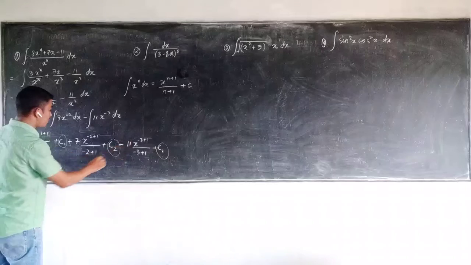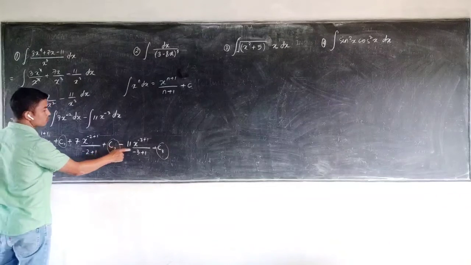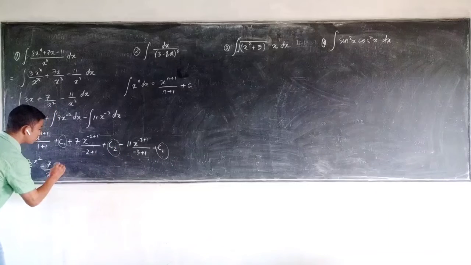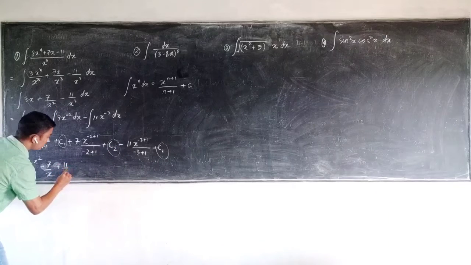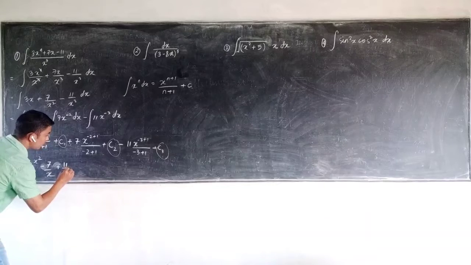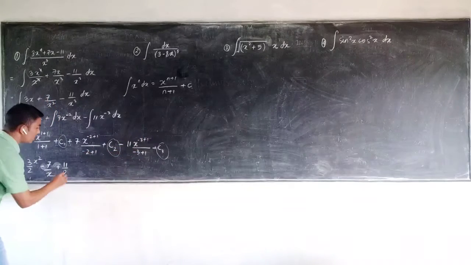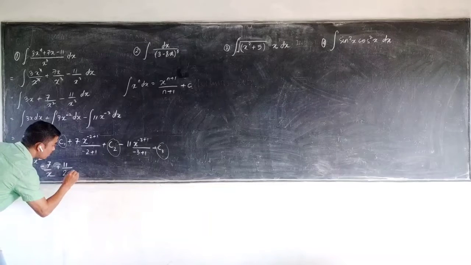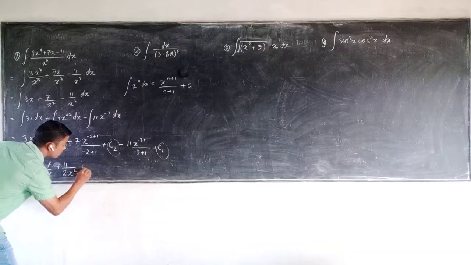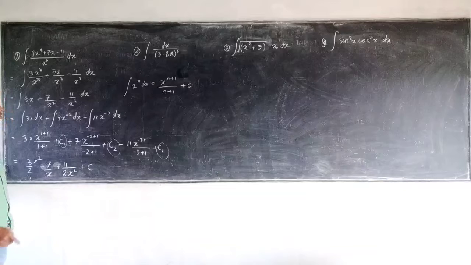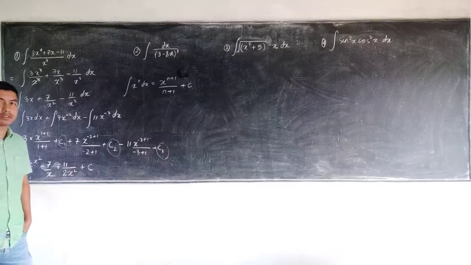And then finally the third one: minus minus gets plus, so it will be plus 11 divided by 2, and here minus 3 plus 1 becomes minus 2, so I'll take it in the denominator, x to the power 2. And then plus c, where c is equal to c1 plus c2 plus c3.